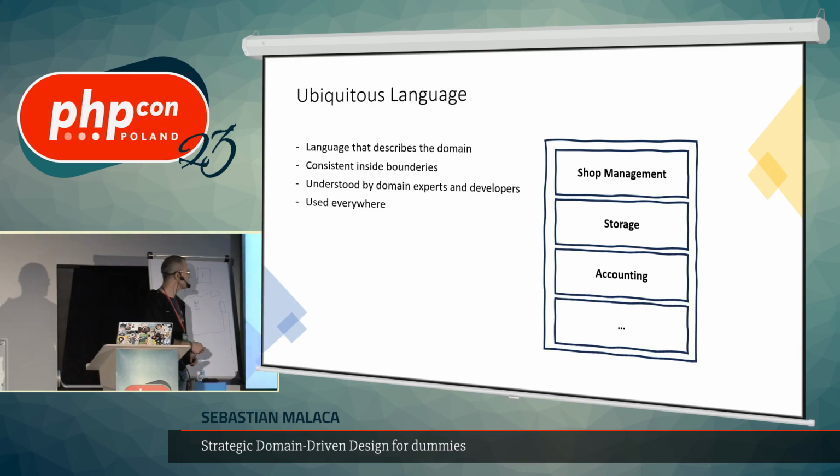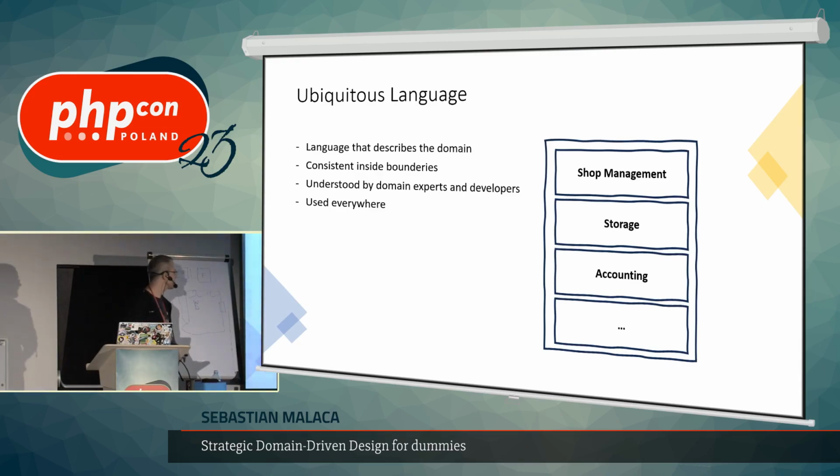Because if I talk with the person who is managing the storage, they will understand the product as something with a size and with information on whether it's fragile or not. From the shop management side, they will care about the categories. They've got different understanding, even though I'm using the same word to point to the same product, because I can still talk about the bottle. What's the problem? They've got a different mental model in their head. The implementation is different. So a good ubiquitous language is put in boundaries that eliminate such inconsistency.